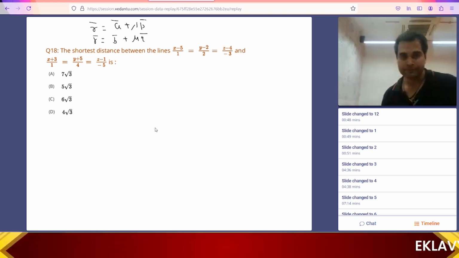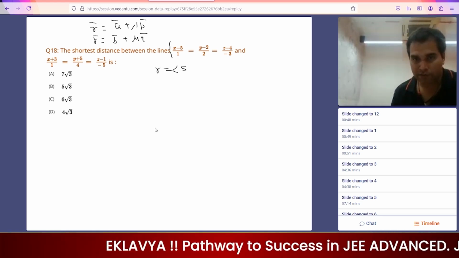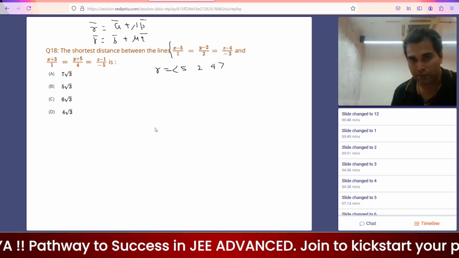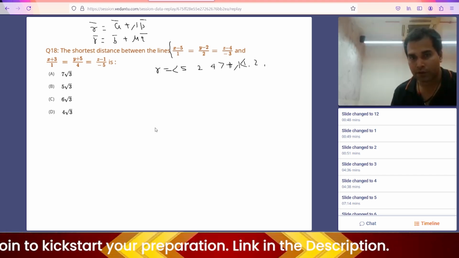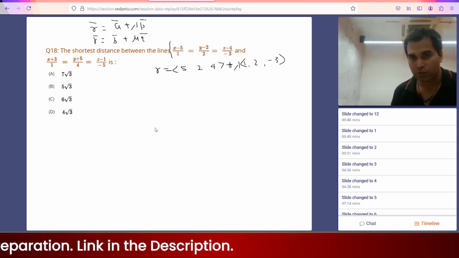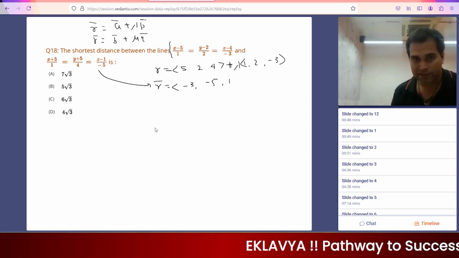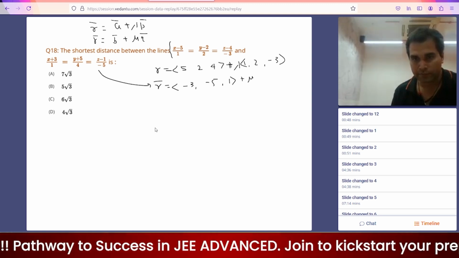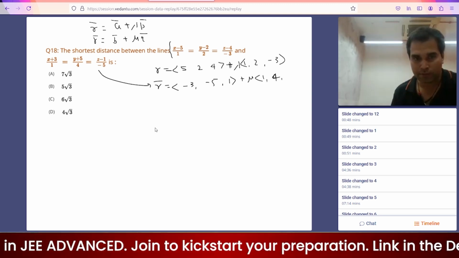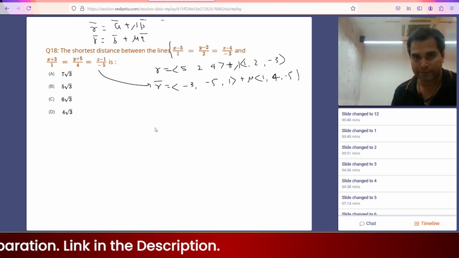It's okay? Now, this equation is written in vector form as equal to 5, 2, 4 plus lambda times 1, 2, minus 3. And this equation is written in vector form as minus 3, minus 5, 1 plus mu times 1, 4, minus 5.